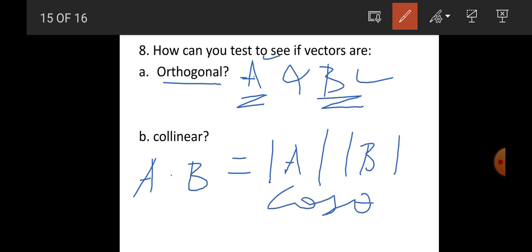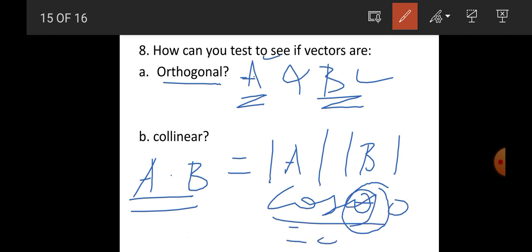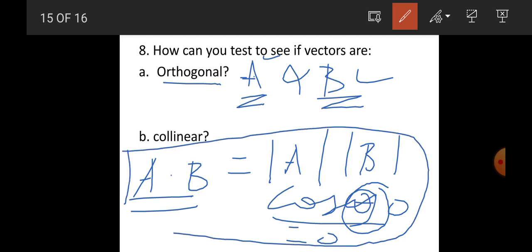If these two vectors are perpendicular, the value of theta is 90 degrees, and cos 90 degrees is equal to 0, so the dot product of two perpendicular or orthogonal vectors is equal to 0. Therefore, vectors A and B are perpendicular or orthogonal.